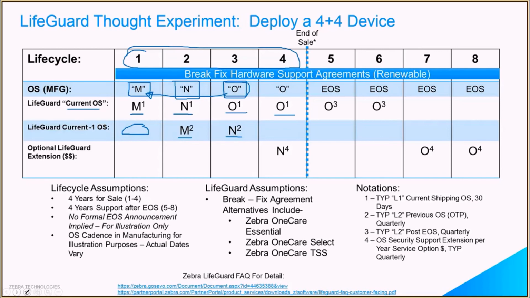That's included at no additional charge. That bottom line where it says optional extension, that's something that I think differentiates Zebra. It's available for a fee, but if the customer still wanted to stay with O and wasn't going to upgrade devices in years 7 and 8 in this instance, they could pay and still have security and software coverage.